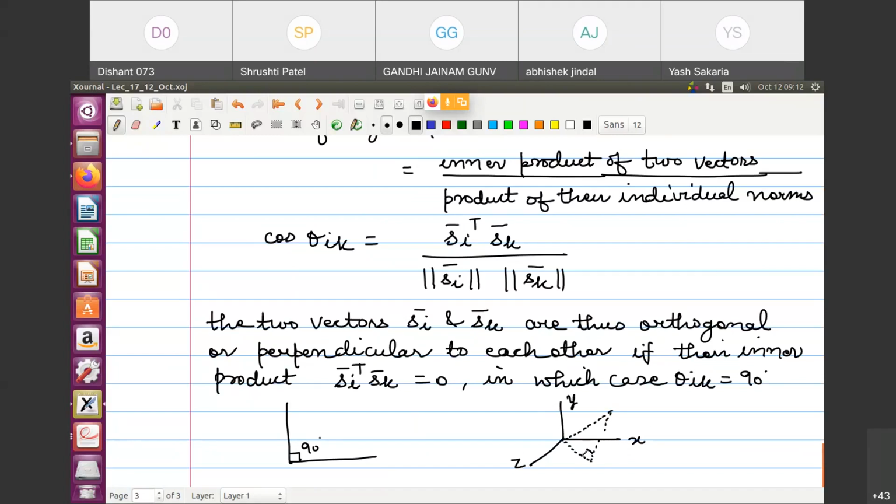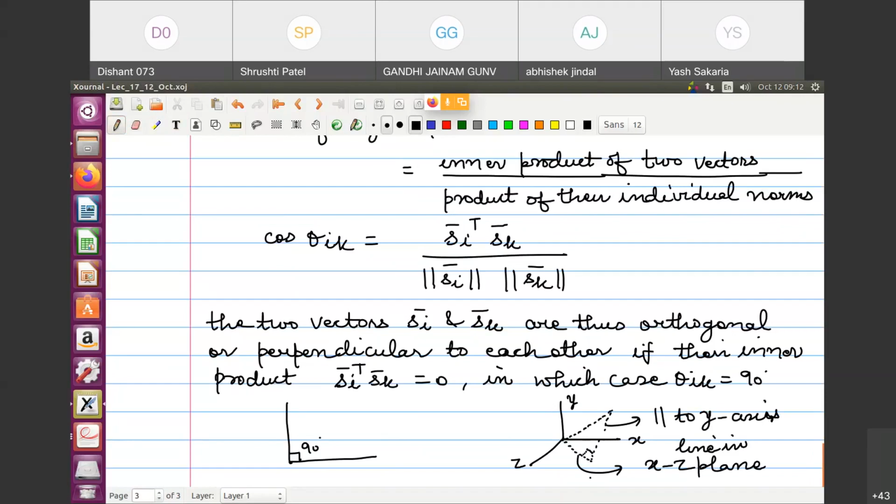This line is in the xz plane, and this is parallel to the y-axis. That would be a better term. This makes it easier to visualize and read later, when you go back to the notes. So you can visualize that a 90 degree angle still holds in three-dimensional space.